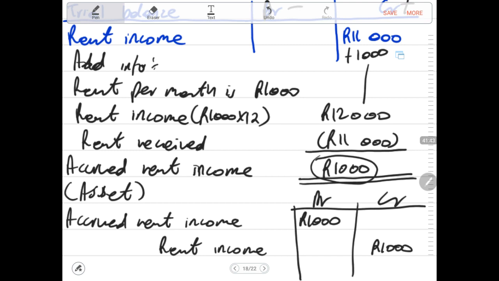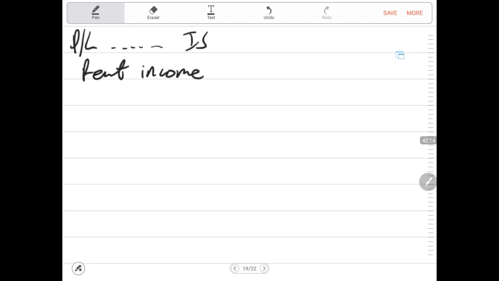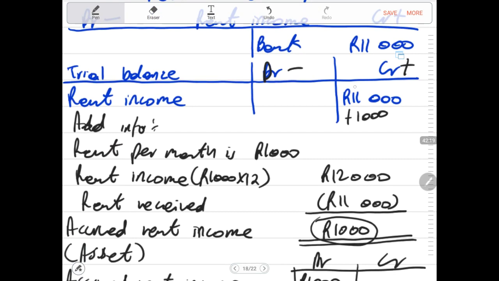Now we are to record, remember, in the income statement. First of all, how much will go to the income statement regarding rent income? It will be 12,000 rands, not 11,000 rands, because we record incomes that were supposed to be received in the income statement. So when we do the statement of profit or loss and other comprehensive income, we'll have a line item under other incomes that says rent income, and you would have started by recording what is from the trial balance.